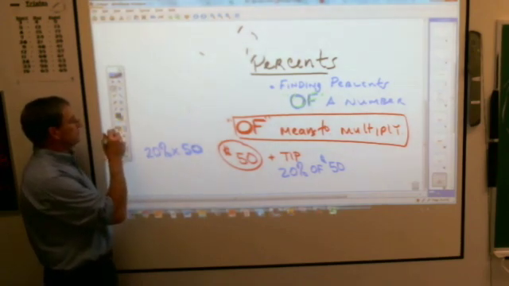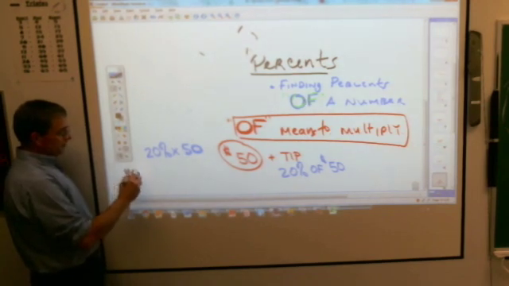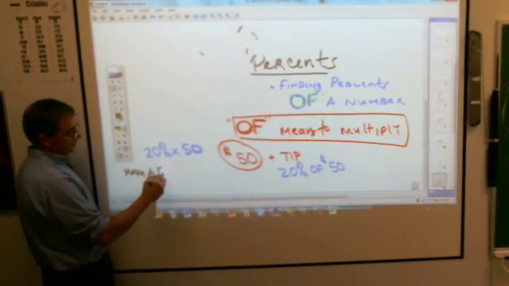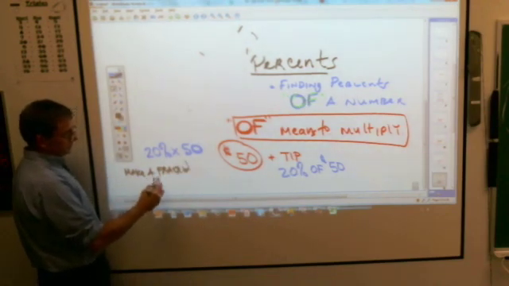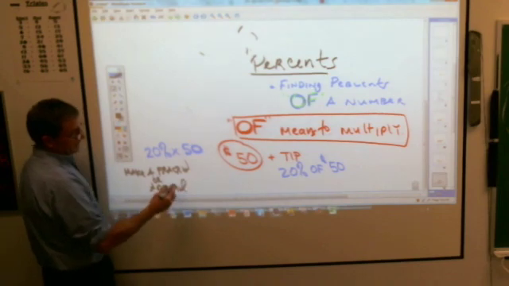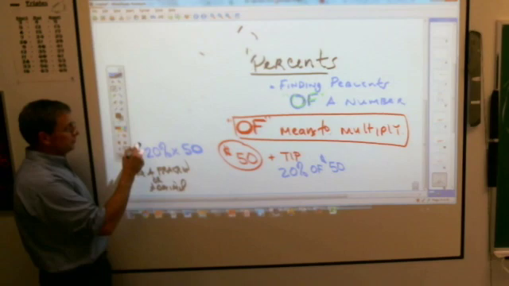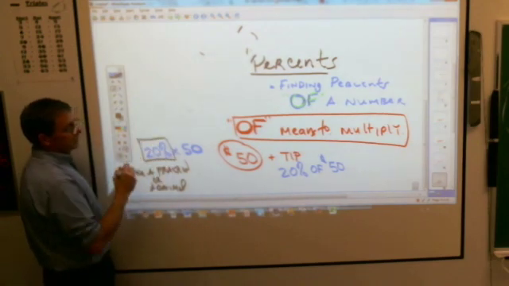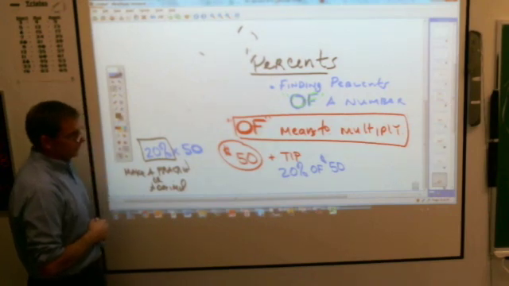You have to make the percent a fraction, or you have to make it a decimal. It is your choice, unless the book tells you. I need to change this into its fraction form or into its decimal form. And that's kind of your call.